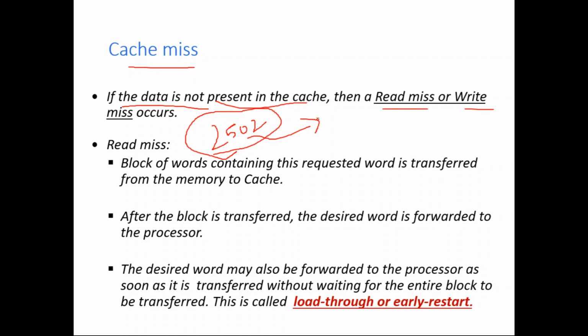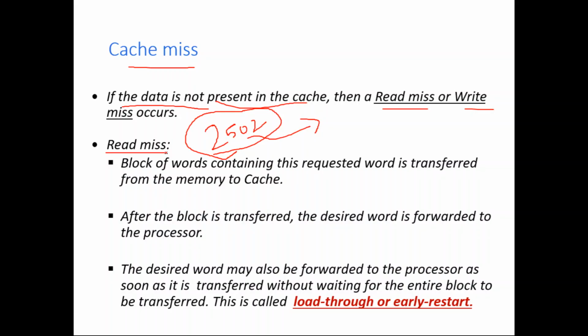If it is available, it can be read. But if whatever content the CPU is looking for is not available in the cache memory, then that is called a read miss. The CPU wants to read that content, but it is not available in the cache memory. That is called a read miss.